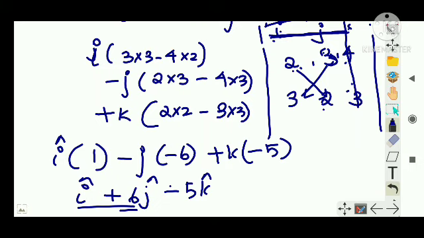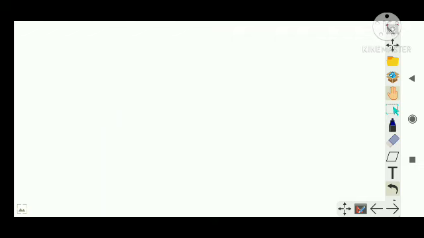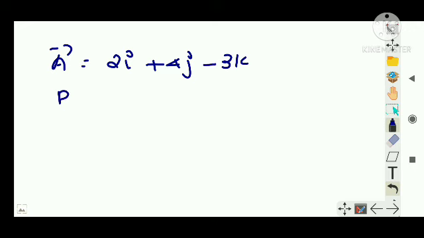Now if you want, we can do another one. Okay, this is something I'm putting. A is equal to 2i plus 4j minus 3k. B vector is i plus 2j.